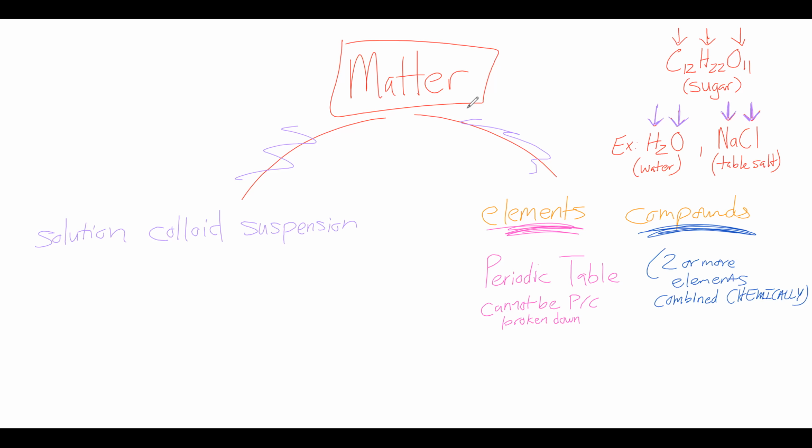Elements cannot be physically nor chemically broken down. Compounds can't be physically broken down, but they can be chemically broken down. So I can take any of these and do something to break them down chemically.